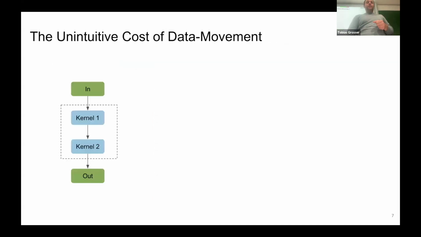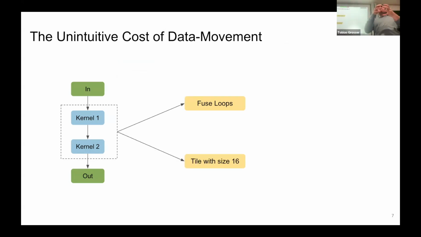So what the compiler really does is look at the individual computational kernels and keep asking questions. Do I want to move 2 of the loops really close together? Do I want to tile them, executing the loops in smaller chunks, so that these chunks fit into fast memory? That's pretty much the thing that compilers keep asking all the time, which translates into how many cache misses this kernel has.